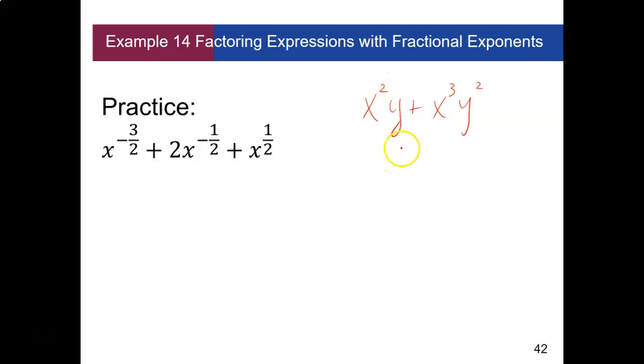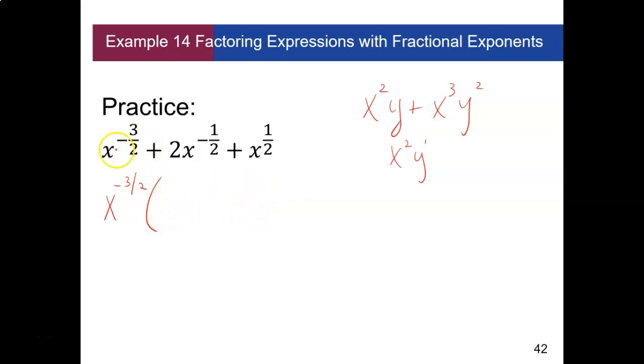So like on this one, I would take out an x to the 2nd, and I would take out a y to the 1st. So I'm going to do the same thing here when I have these fractions as exponents. I'm going to take out my smallest power. So on this particular one, my smallest power is this negative 3/2. So I'm going to take out x to the negative 3/2 and see what happens.